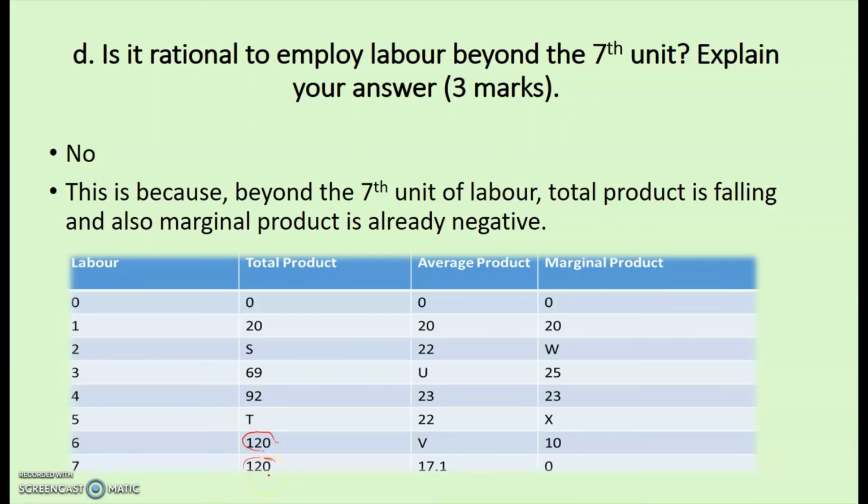As I said, the explanation will be that this is because beyond the seventh unit of labor, total product is falling, and marginal product is already in the negative zone. So it wouldn't be rational for the producer to employ an additional unit of labor beyond the seventh unit.